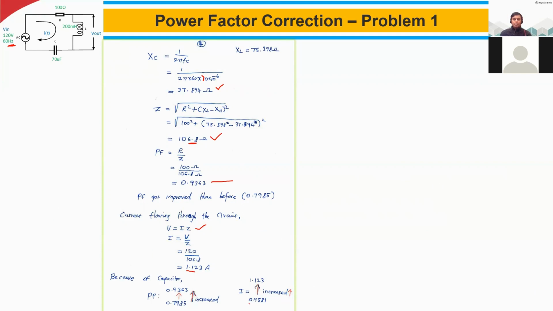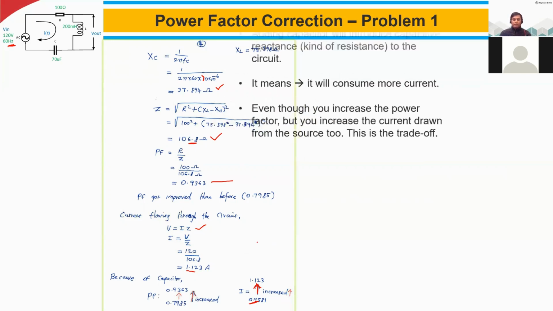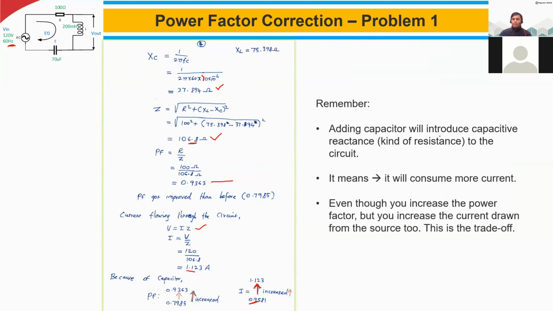So the current value increased from 0.9 to 1.1. It means you are drawing more current from the source, which means you are paying more bill for the energy. So that is the problem. But anyway, we have to improve the power factor. Adding a capacitor will introduce capacitive reactance to the circuit, which means it will consume more current. Even though you increase the power factor, you also increase the current drawn from the source.